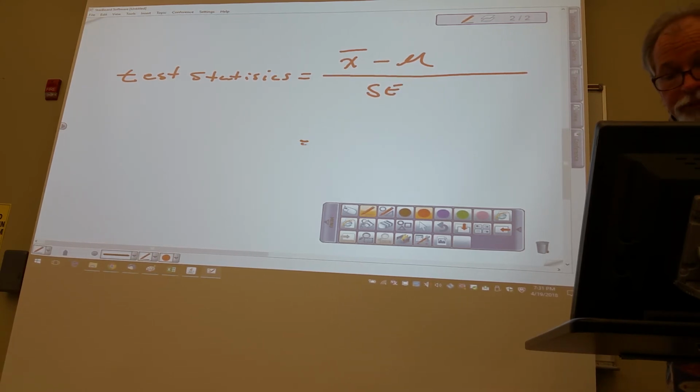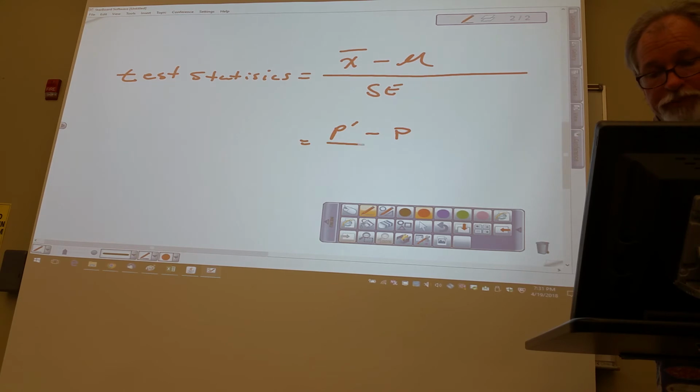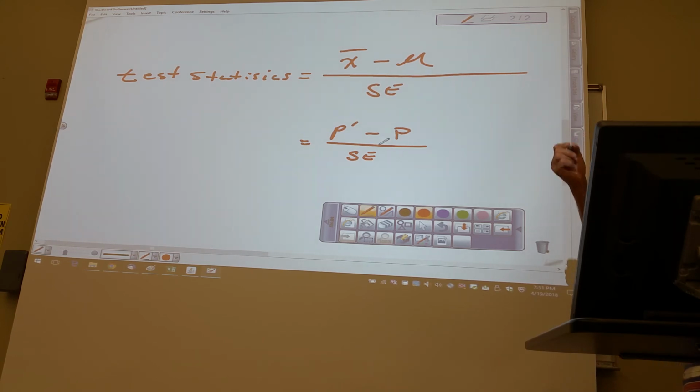Or if we were doing proportions, we took the estimated proportion minus the proportion of the population divided by the standard error of working with proportions, right?